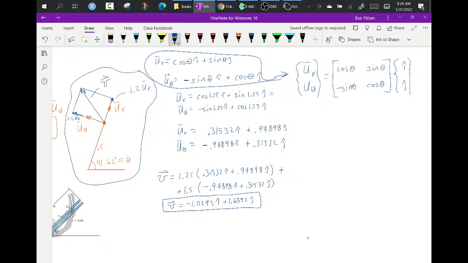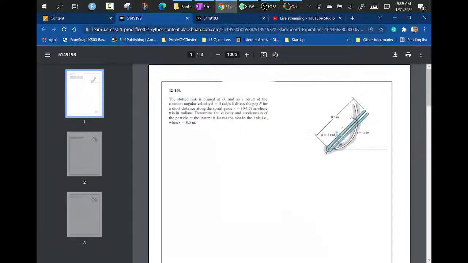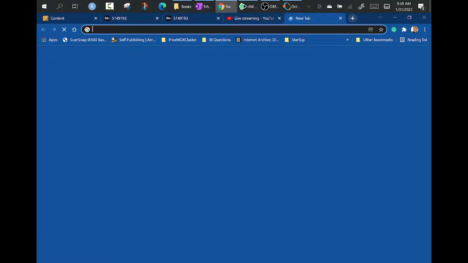So now, it turns out this is often called the transformation matrix.